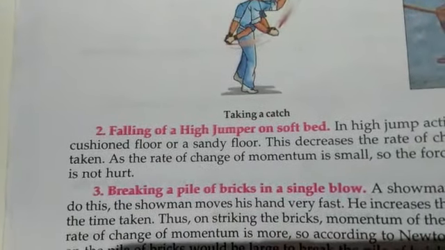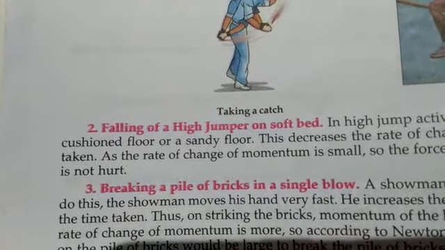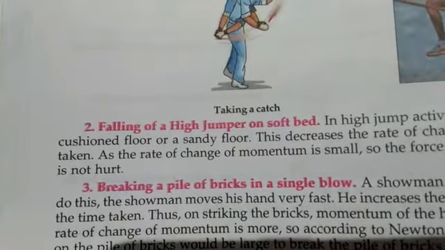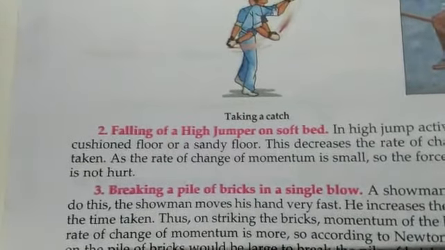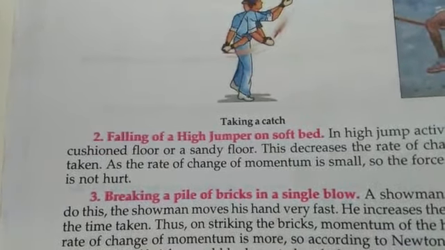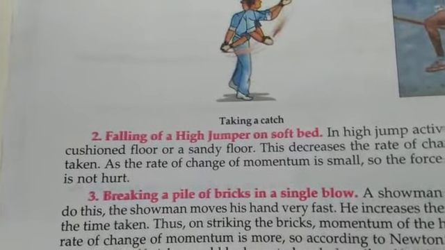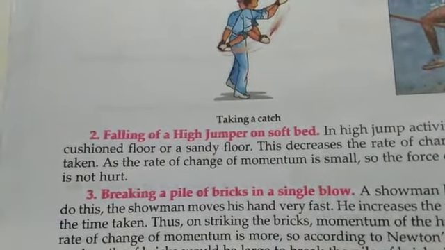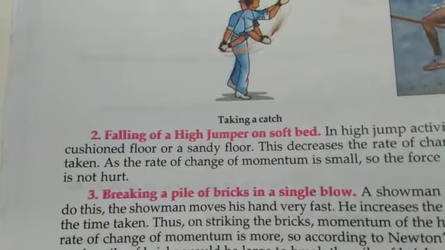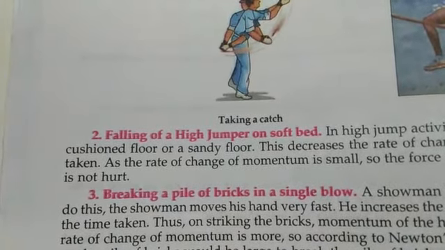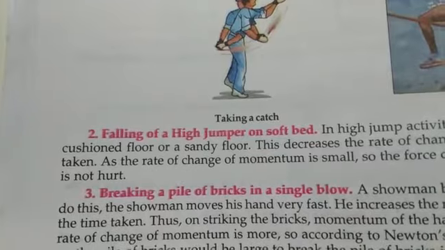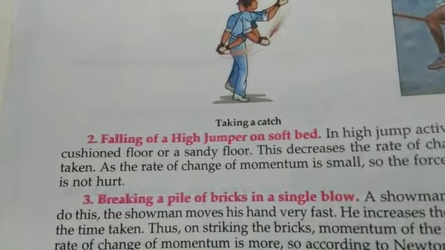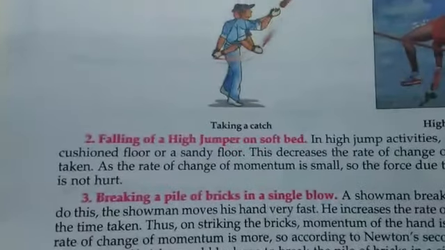Then here is the second example, a high jumper falling on a soft bed. You have experienced that when you fall on a soft bed or mattress or on sand, you don't get that much hurt in comparison with when you fall on a hard floor.